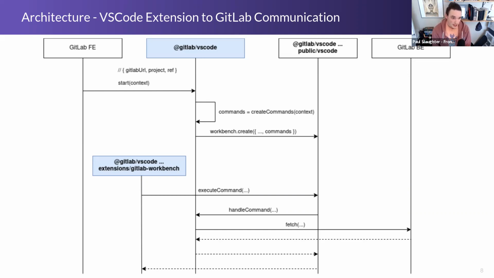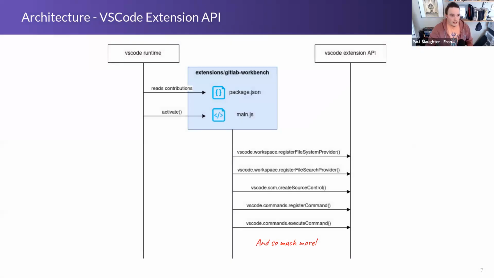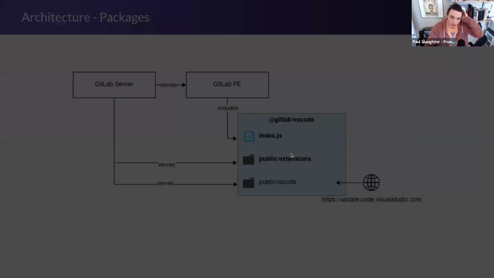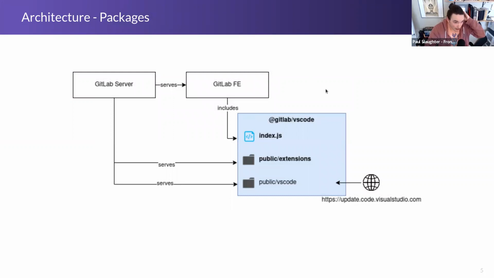Extensions have a really hard time reaching outside of themselves, which is a good thing. But in our situation, we want to register a file system provider with the actual files of whatever project they've loaded. That information is coming from the GitLab front end. How do we get that information into the extension runtime environment?